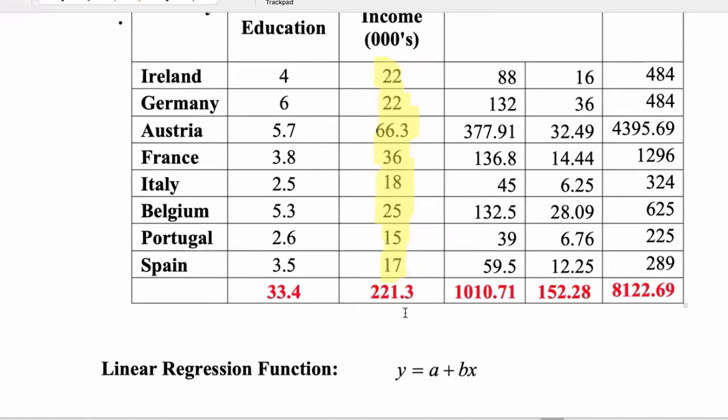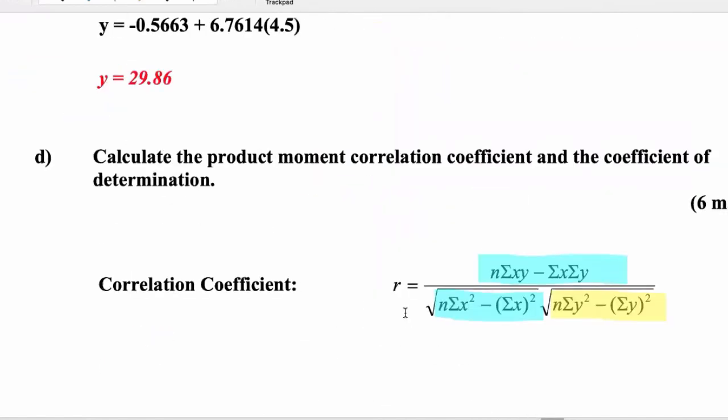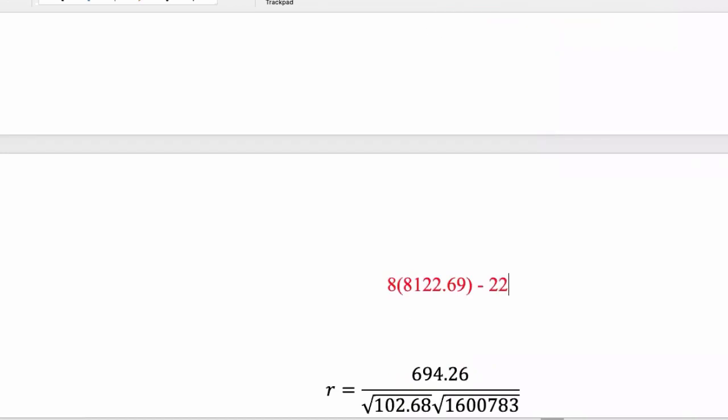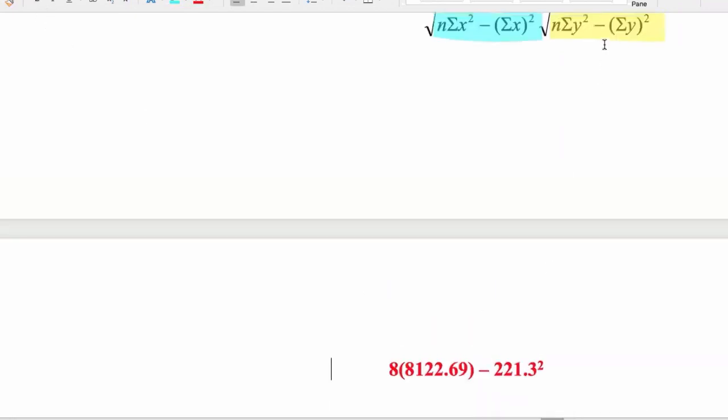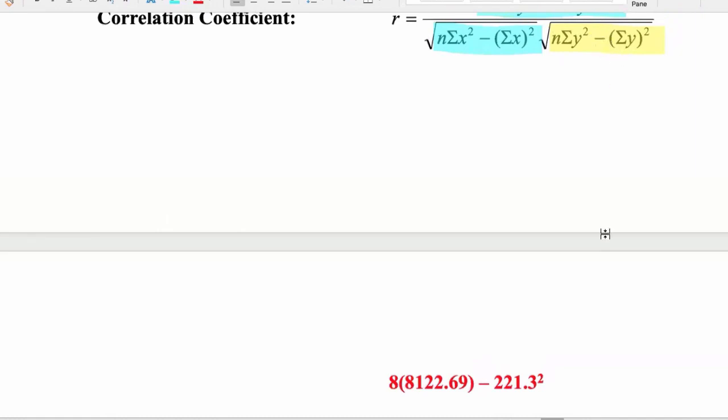221.3. That's what we have on the bottom right of that formula that we're going to work through. So let's work through that figure. That times 8 is 64,981, I think.